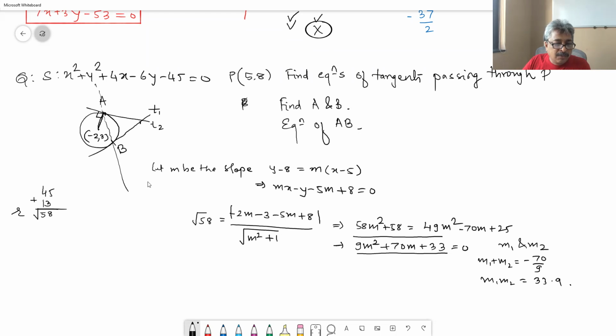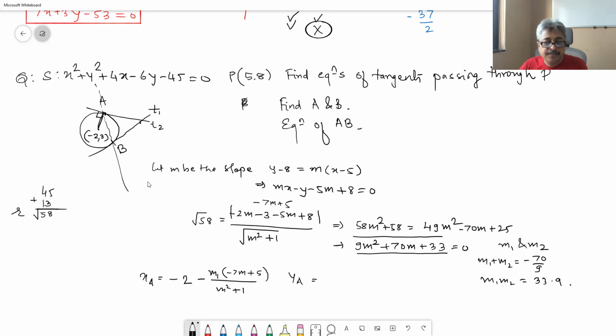So the x coordinate of A, xa, is going to be -2 minus, this is our equation of the line, the slope is m, so m1 times, you are supposed to substitute, that bracket is going to be -7m plus 5 divided by m square plus 1.